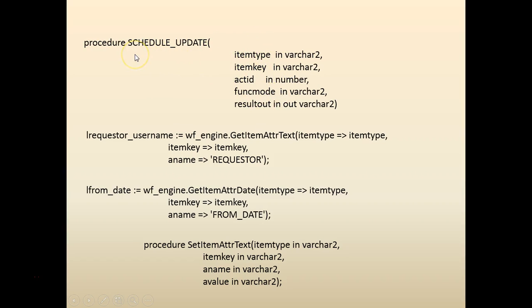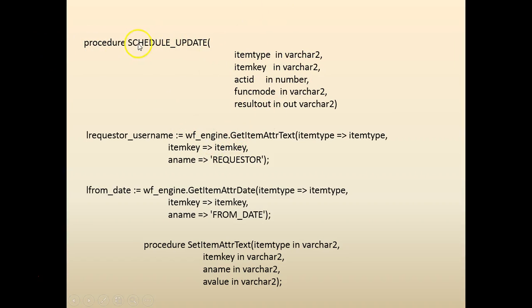All the procedures that interact with the workflow should have an item type, item key, account ID, and function node. And at the end we're going to pass the result out. This is not mandatory, but in an example where you are expecting the function to return yes or no, this is the right place where you pass the values.